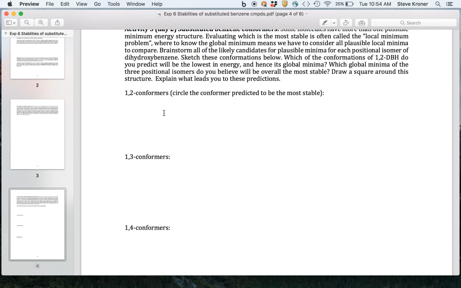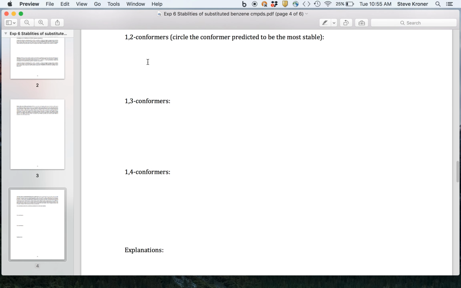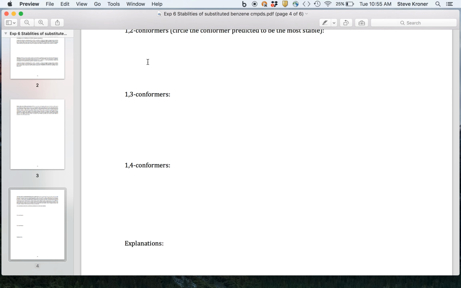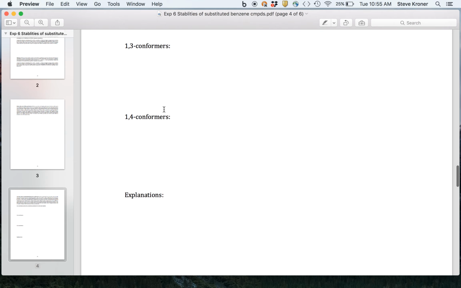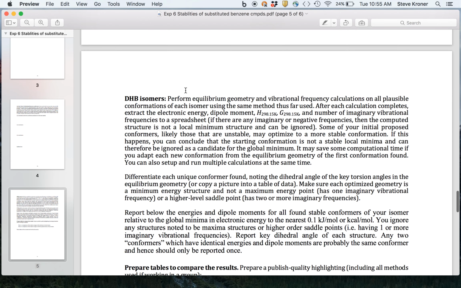So you're going to have sort of 3 to 4 conformations that you could consider for your compound. So we'd like you to sketch those out so you get a sense of what those look like. The 1,4 isomers are going to simplify down probably just to 2. If you look at them by symmetry, you'll probably see that there's only 2 conformations for them.